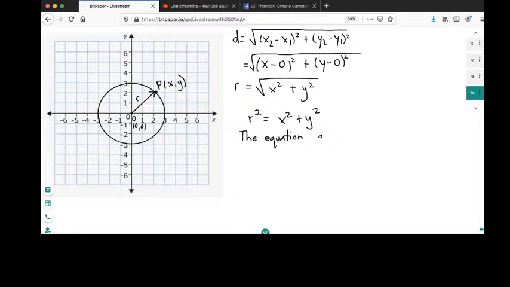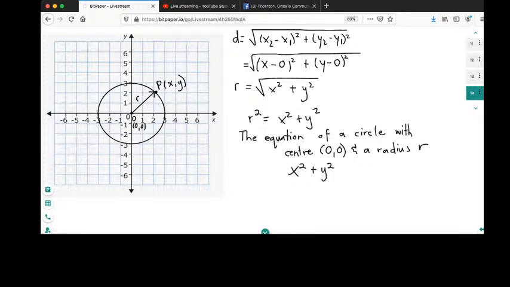The equation of a circle with center 0, 0 and a radius that we denote using the letter r is going to be x squared plus y squared equals r squared. Cool.